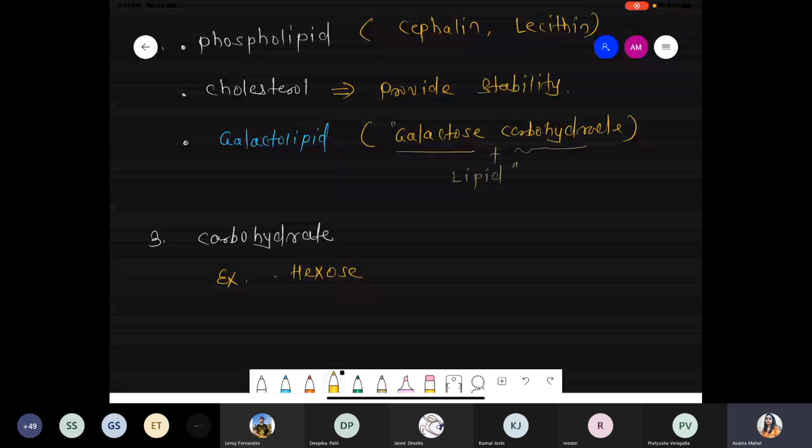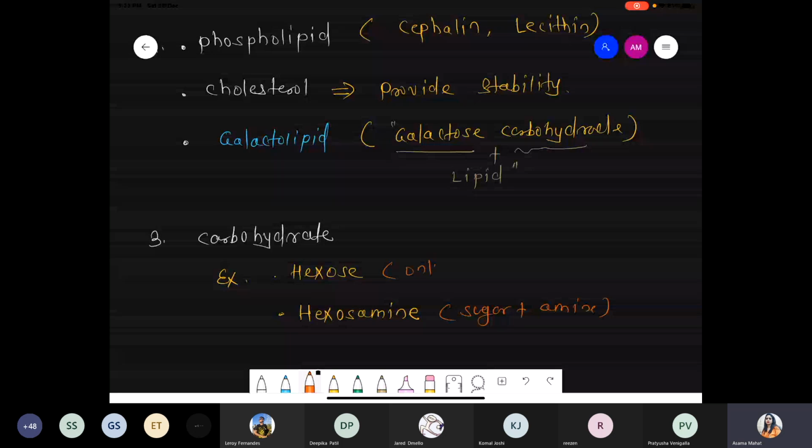Sometimes hexose gets conjugated with the amine group, that is hexosamine. Sometimes, not always. So hexosamine means a 6 carbon sugar conjugated with the NH2 group. So we can say that is sugar plus amine.